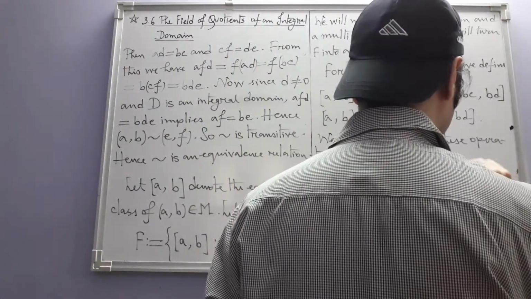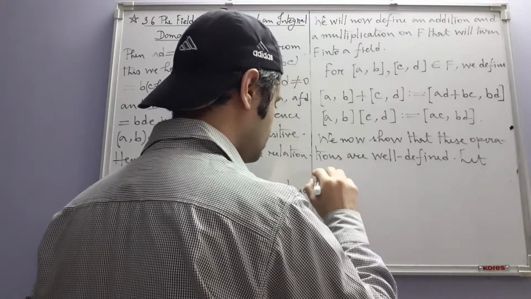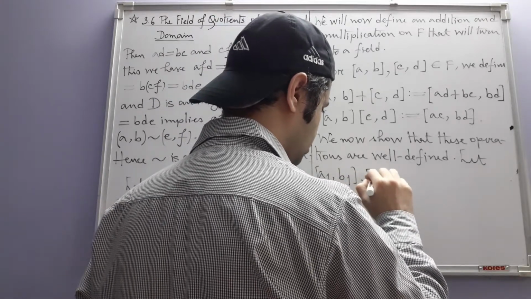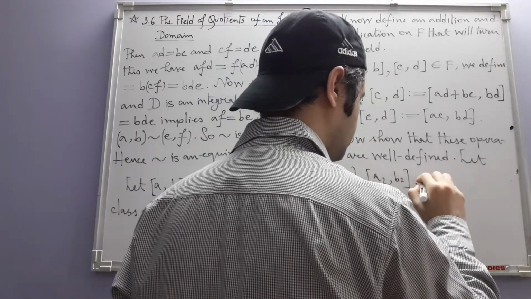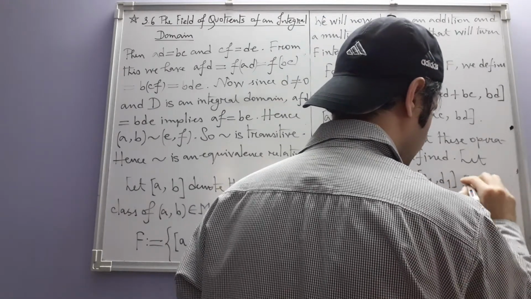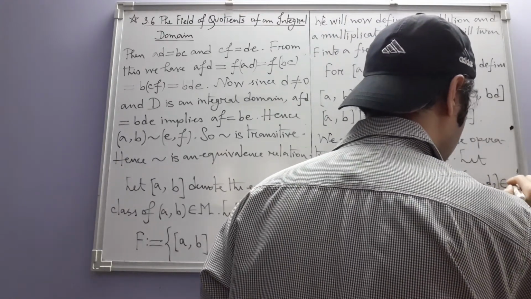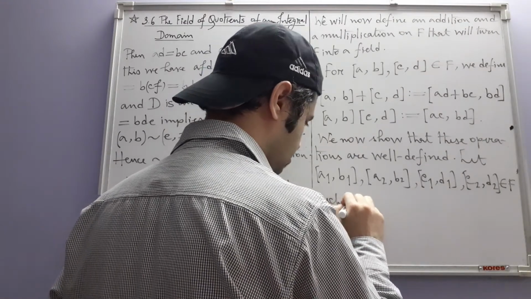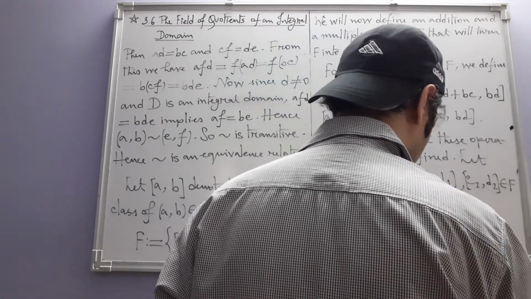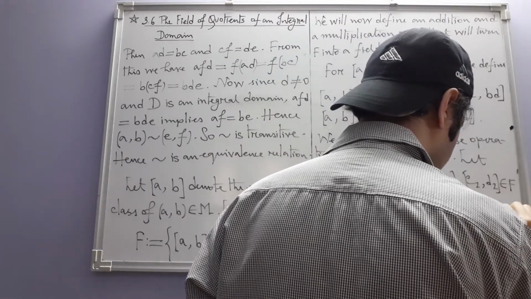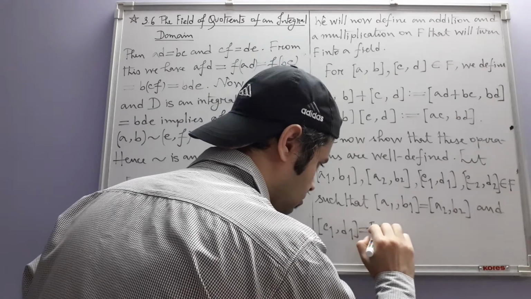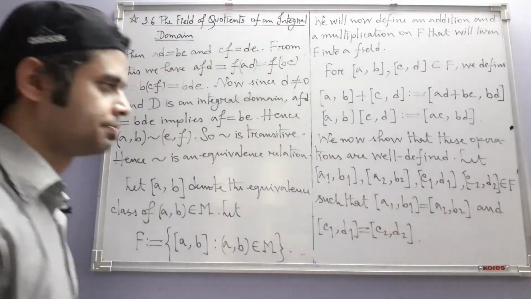So for that, what we will do, it's that same thing: let (A1, B1), (A2, B2), (C1, D1) and (C2, D2) belong to F such that these two are actually equal, and these two are also actually equal. Okay.